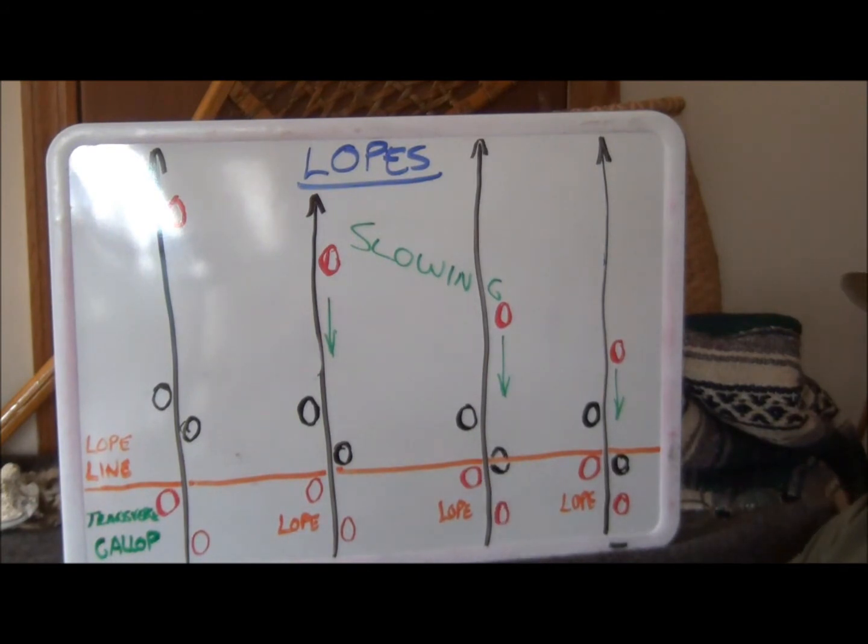Now conversely, when the animal speeds up to get to the gallop itself, it's moving faster, and as it's moving faster, again, bearing in mind, in the transverse gallop, the hind foot follows suit with the front feet.